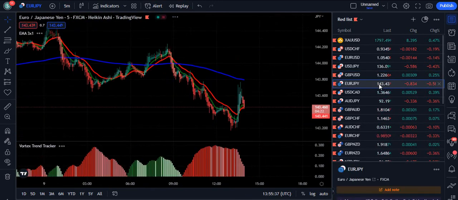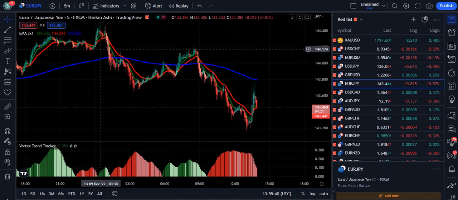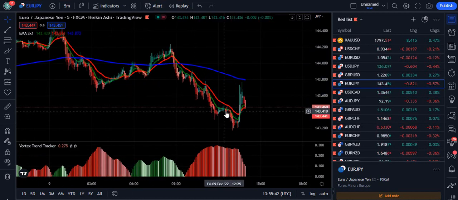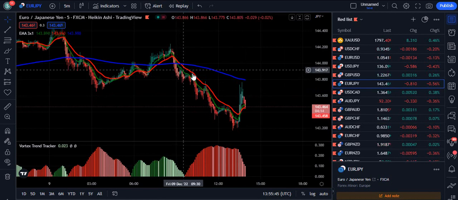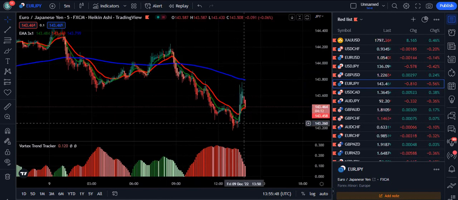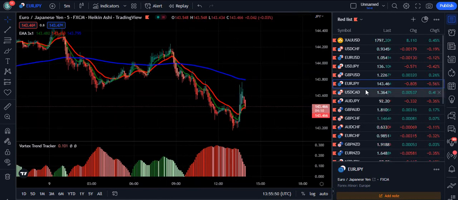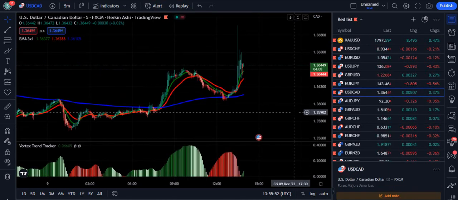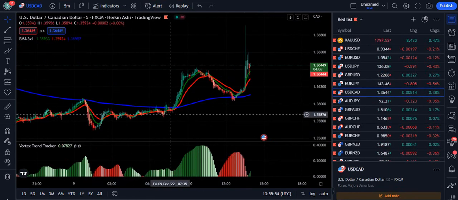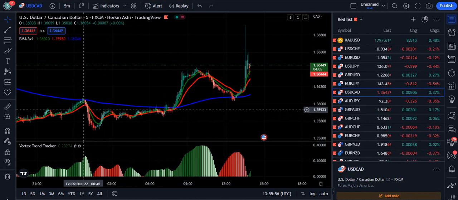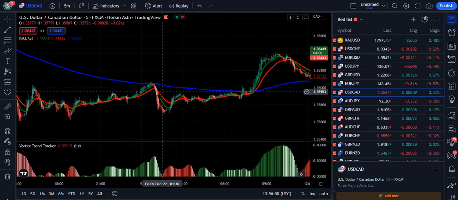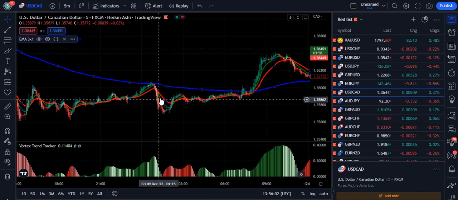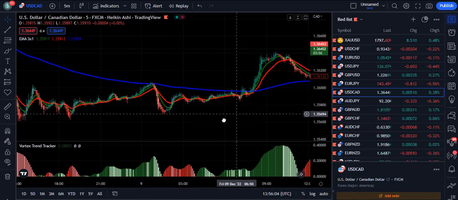Look here, Euro JPY is trending down, so this is a good picture. You can have sell chances like this. Histogram trend red, the moving averages are going down. Whenever you are trading like this, you can make very good profits. Do not trade the slow momentums, because you must at least look at the first couple of moving averages, the 9 and the 20 period. If they are too close to each other, it means do not trade that one.